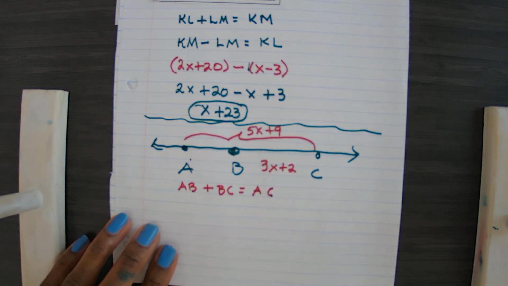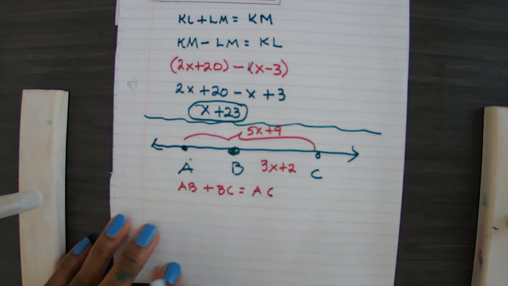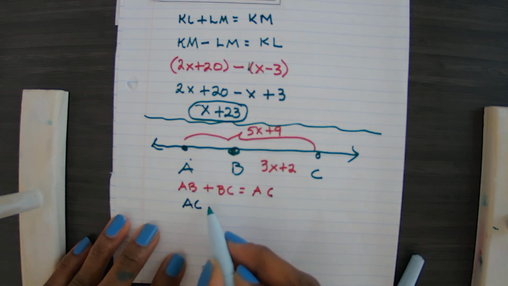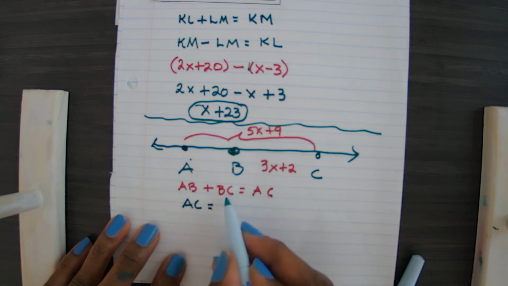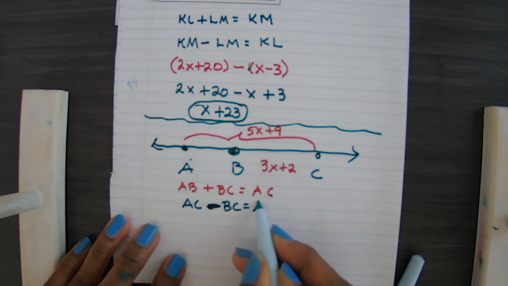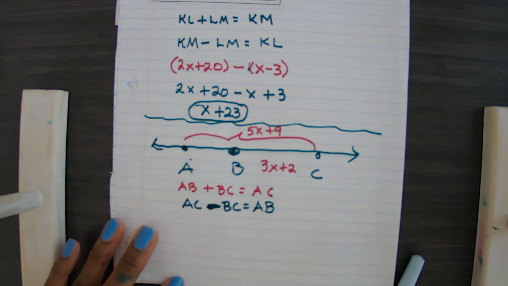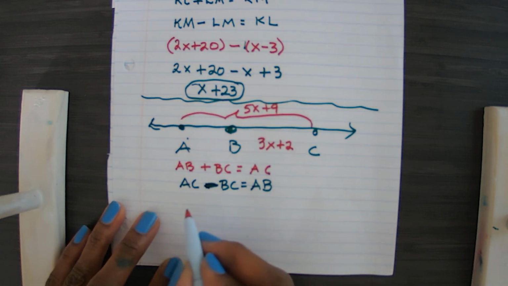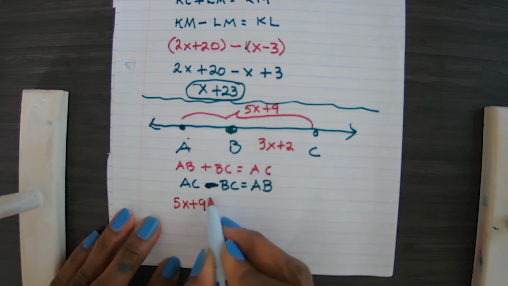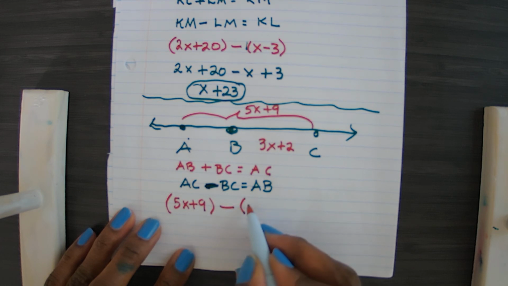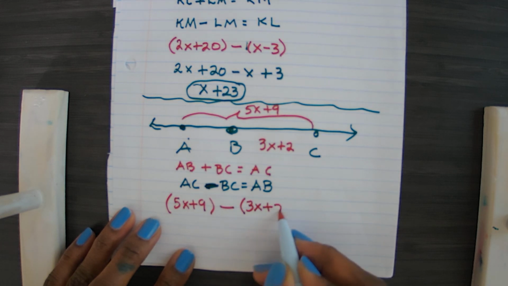But now when I know the total, what I want to do is take the total length, the whole, and subtract the known part, which is BC. I'm going to make that a minus, and that should give me AB. So let's substitute in. AC we know to be 5x plus 9. And we want to subtract BC, which is 3x plus 2.